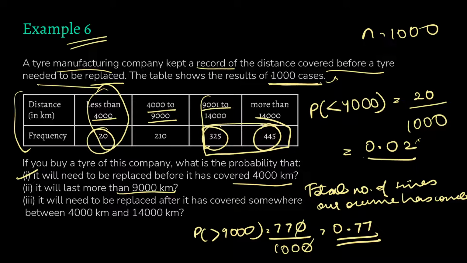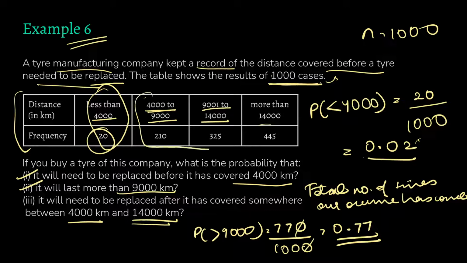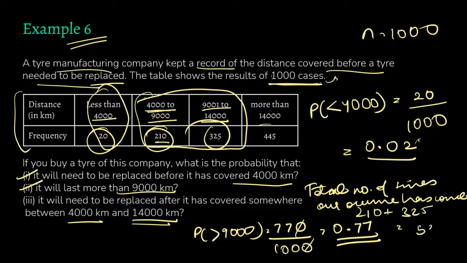The next is it will need to be replaced after it has covered somewhere between 4,000 and 14,000 kilometers. So that means our bracket now comes for greater than 4,000, that is this, and 14,000, so this. So we have these two in our bracket. So we'll add the number of times the outcome has come, 210 plus 325, which will give our answer to be 535.